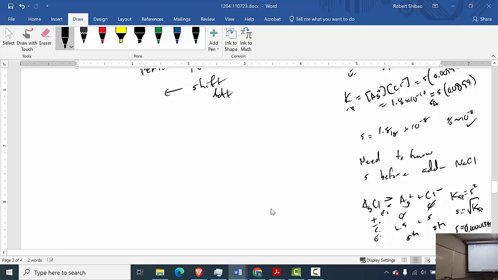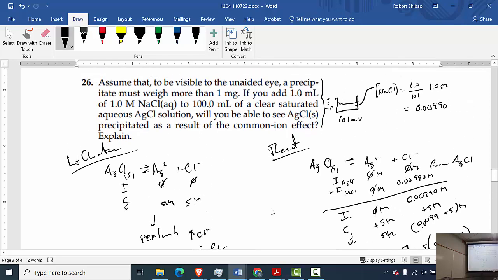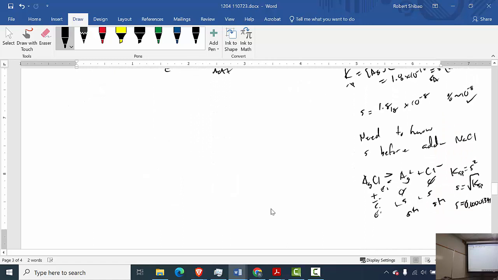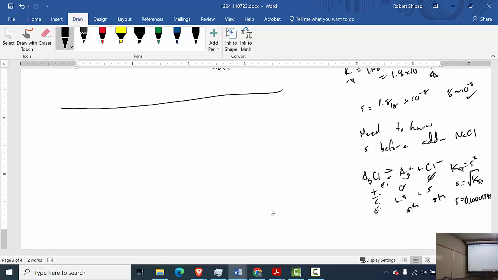Okay, so there are different ways we can do this, but this is the way we'll do it. This is 101 milliliters. And so what we can do is take the difference in the solubilities. You could do it in different ways, maybe this one isn't the most intuitive way, but we'll go ahead and do that.